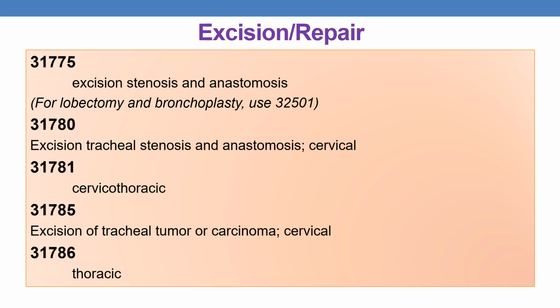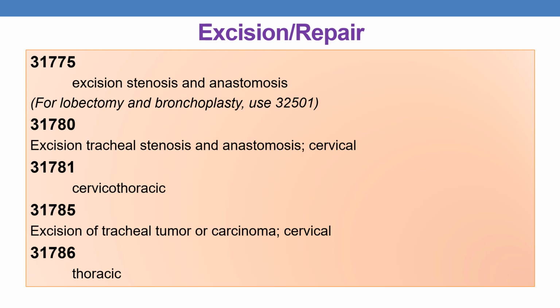The next is 31780. It deals with excision, tracheal stenosis and anastomosis cervical. The next is 31781. It deals with excision, tracheal stenosis and anastomosis cervicothoracic. The next is 31785. It deals with excision of tracheal tumor or carcinoma cervical.